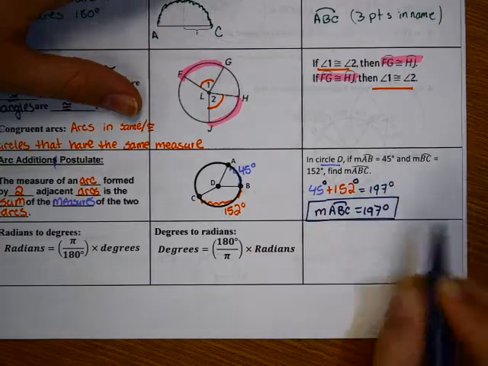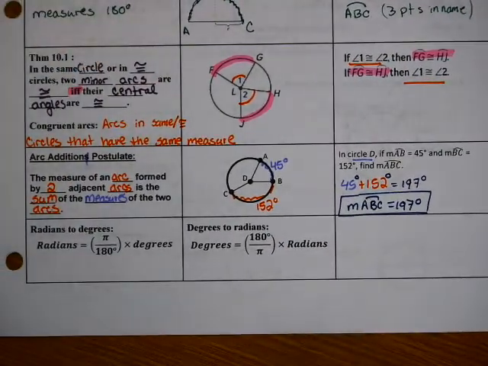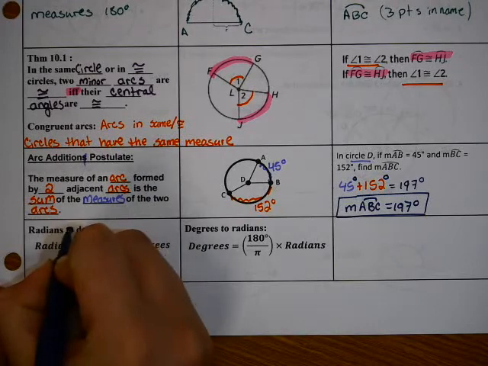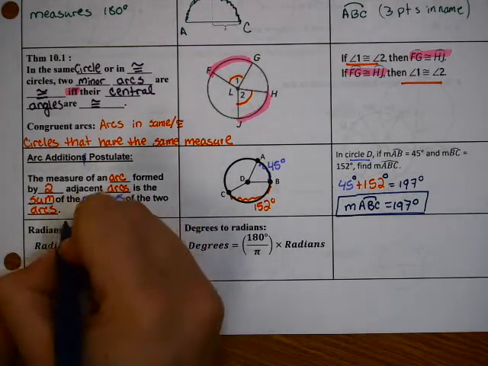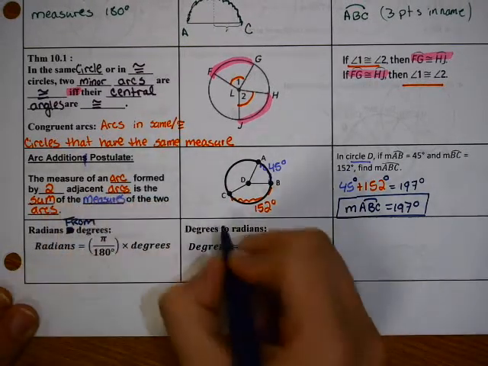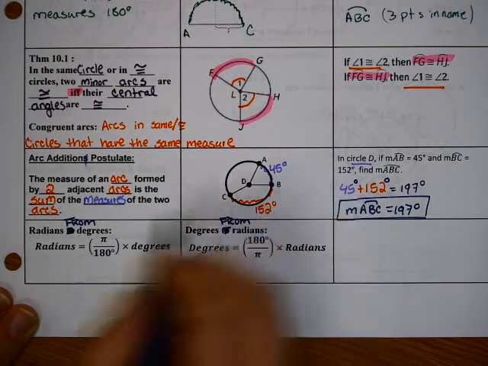So in measurement, we're talking about degrees. Now in circles we'll talk about radians, like pi radians. We're going to change this to radians from degrees, and the same thing here, degrees from radians.